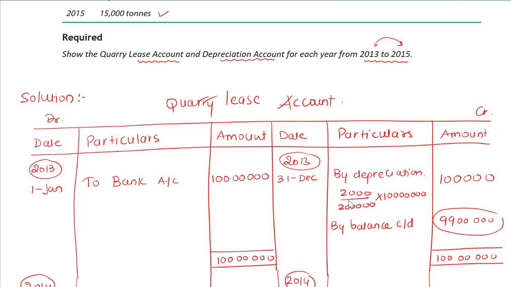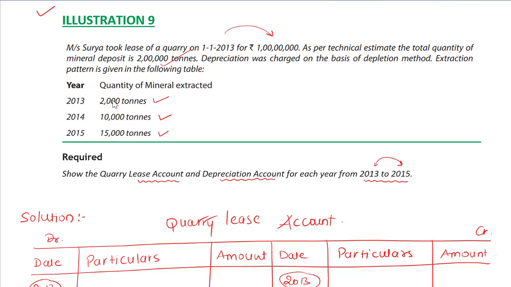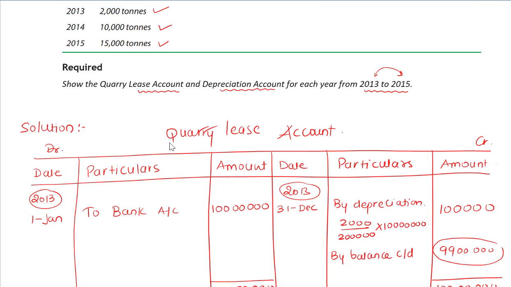We calculated the depreciation internally. How did we calculate the depreciation? Mineral extracted from the query is 2000 tons. The total mineral deposit in the query is 2 lakh tons. So 2000 divided by 2 lakhs, multiplied by the total lease amount, that is 1 crore.